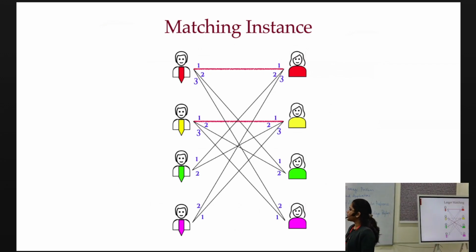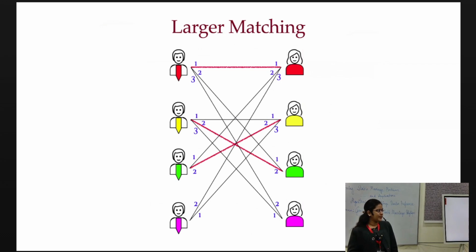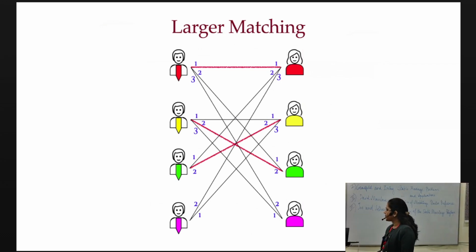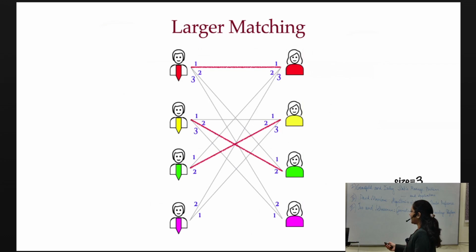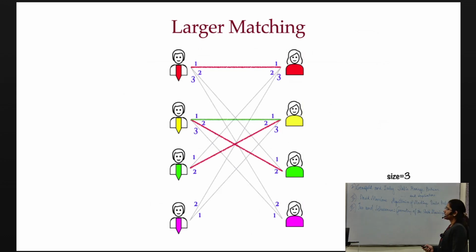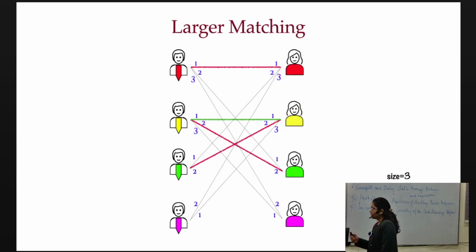Let us look at the red matching edges. Do you see any blocking edge here? Size is 3. Do you see any blocking edge? Correct, light green, right. This is a set of blocking edges. So with this matching, we can see that there is one blocking edge.